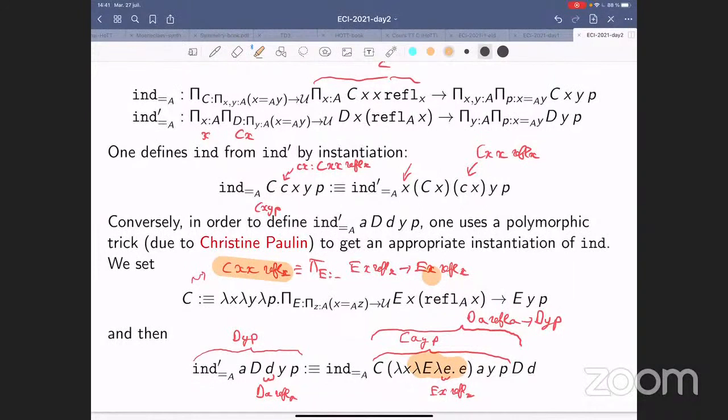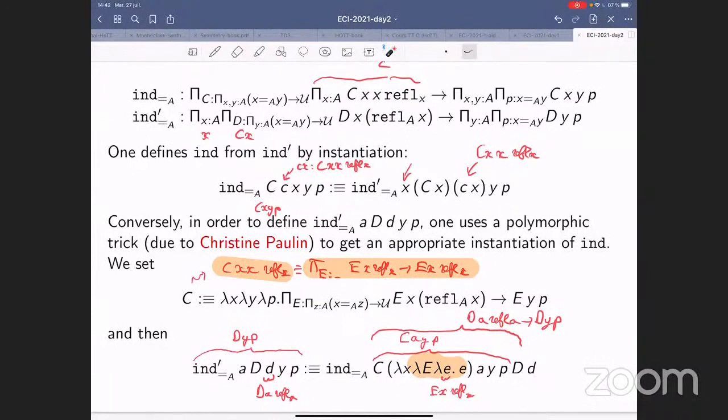So I look for a function of this type. There's an easy one. You take an E, and then you take the identity, because this type and this type are the same, so you can take the identity function, namely lambda E. E. So this type checks correctly.